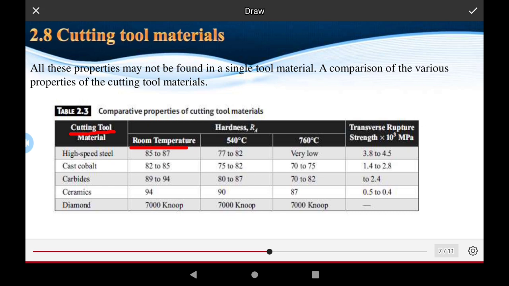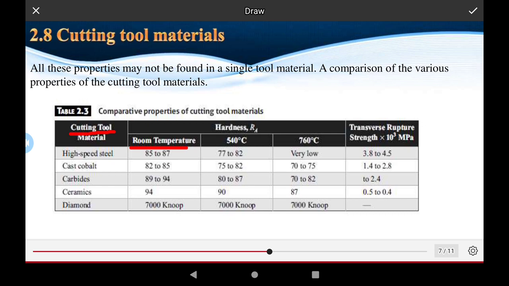High speed steel: the room temperature hardness is 85 to 87, and the hot hardness is 77 to 82, and very low. The transverse rupture strength is 3.8 to 4.5 into 10 to the power 3 megapascal.